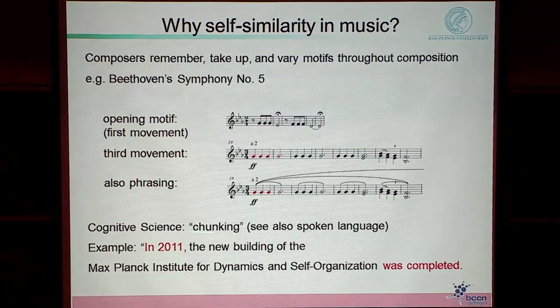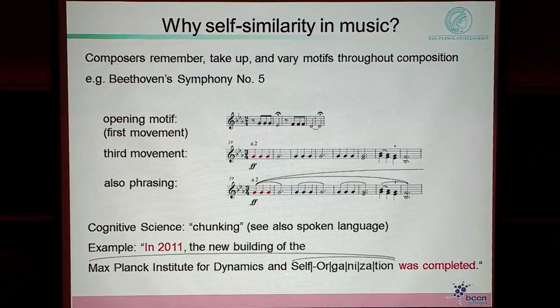Here's a sentence. It's almost German, that's why I used it. In 2011, the new building of the Max Planck Institute for Dynamics and Self-Organization was completed. So in order to understand the sense of it, in 2011 was completed, you have to read the whole sentence, and you need to store the whole sentence. And this also happens on much smaller scales.